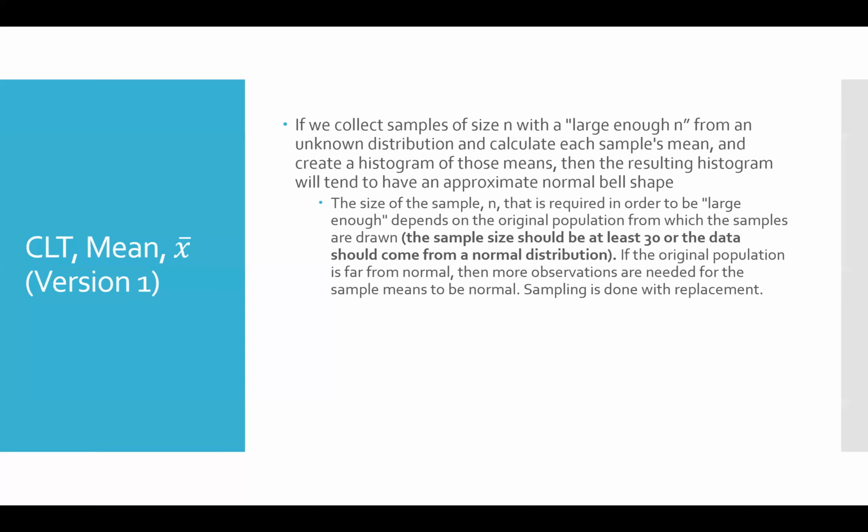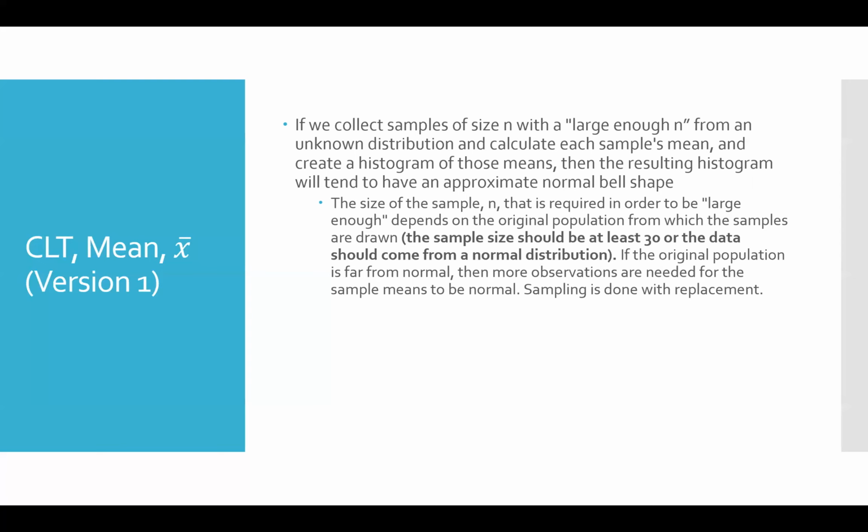Basically, in all that lingo, what I just told you is that the central limit theorem will force any unknown distribution to become normal if I choose a sample with a large enough n.